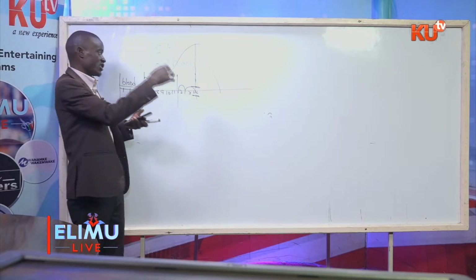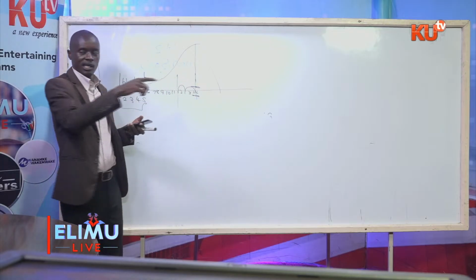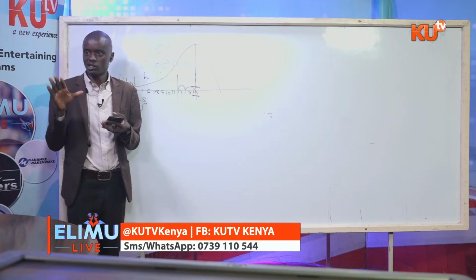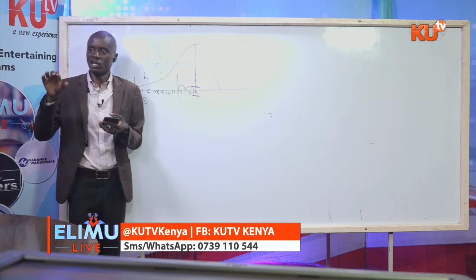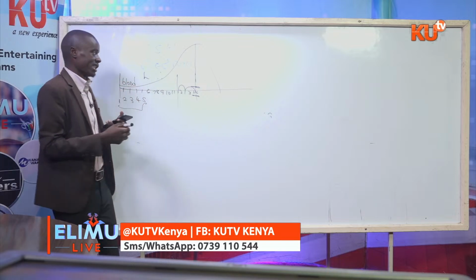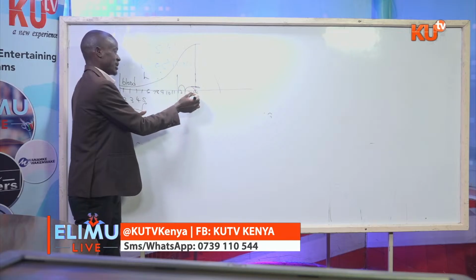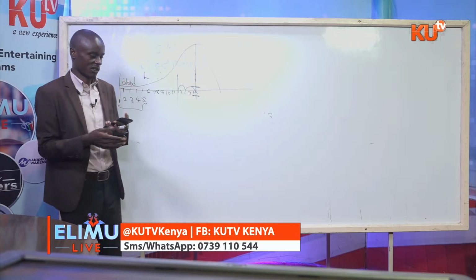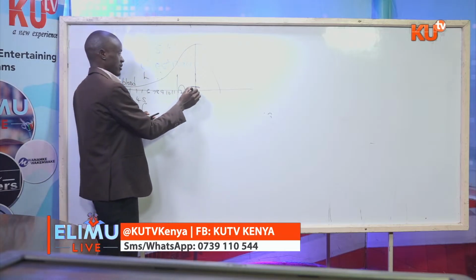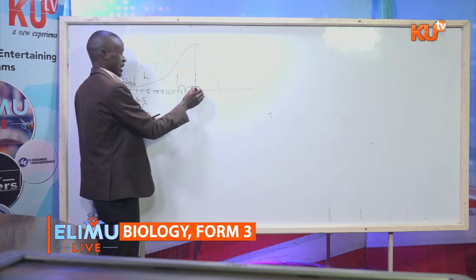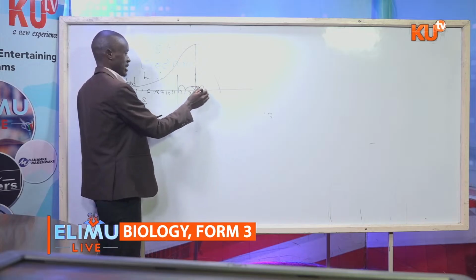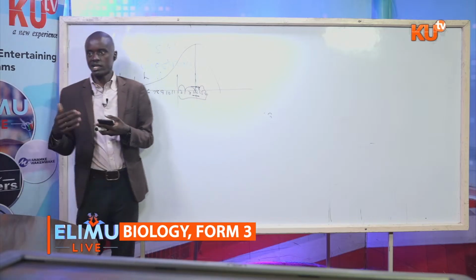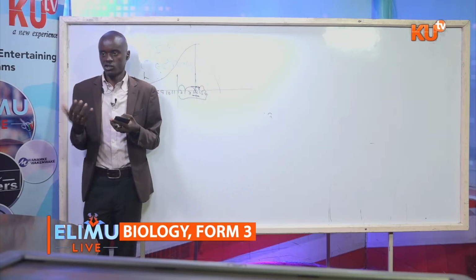Therefore, if ovulation occurs on the 14th day and you happen to have sexual intercourse on the 14th day, then there is 100% chance of conception. And also, in the next 24 hours, that is the 15th day, and in the next 24 hours, that is the 16th day, you realize that during these days, there is higher chance of conception.